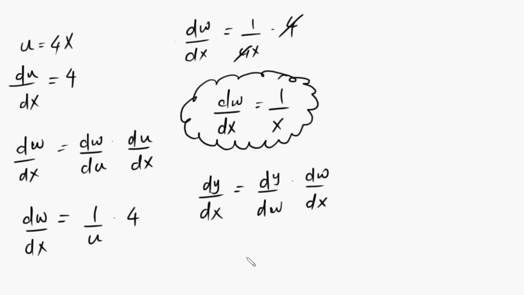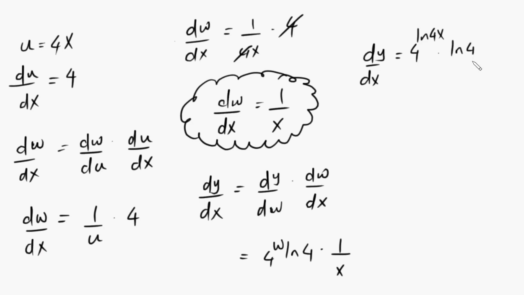So my dy dw is just 4 power w ln 4, and this one now is just equal to 1 over x. So my dy dx is just going to be equal to 4 power ln 4x times ln 4 times 1 over x.